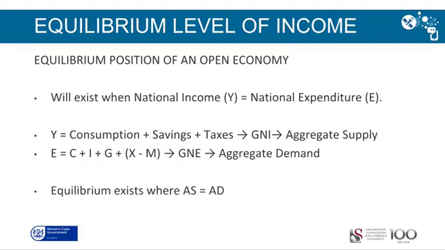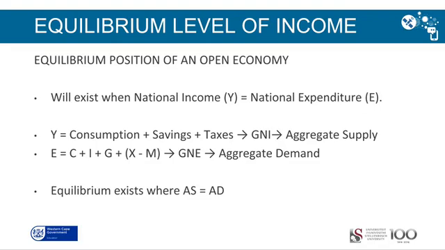We're looking at the equilibrium level of income, the equilibrium position of an open economy. An open economy is also known as a four-sector economy. Equilibrium will exist when national income is equal to national expenditure.